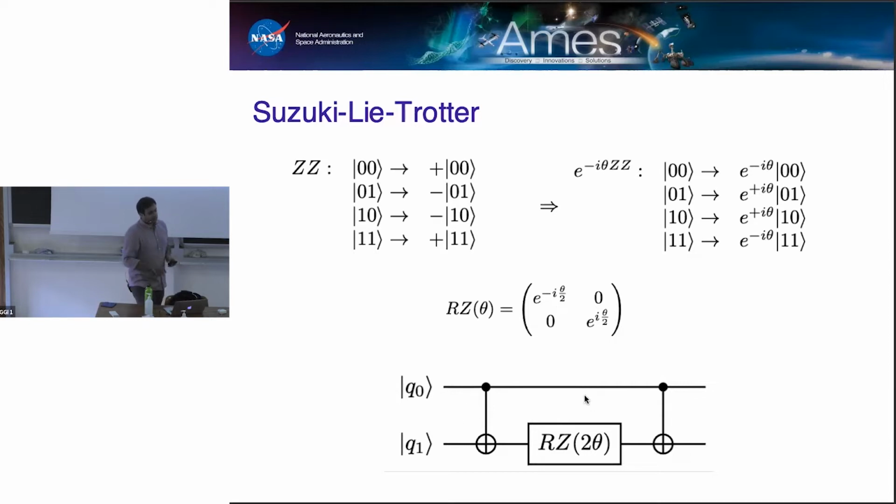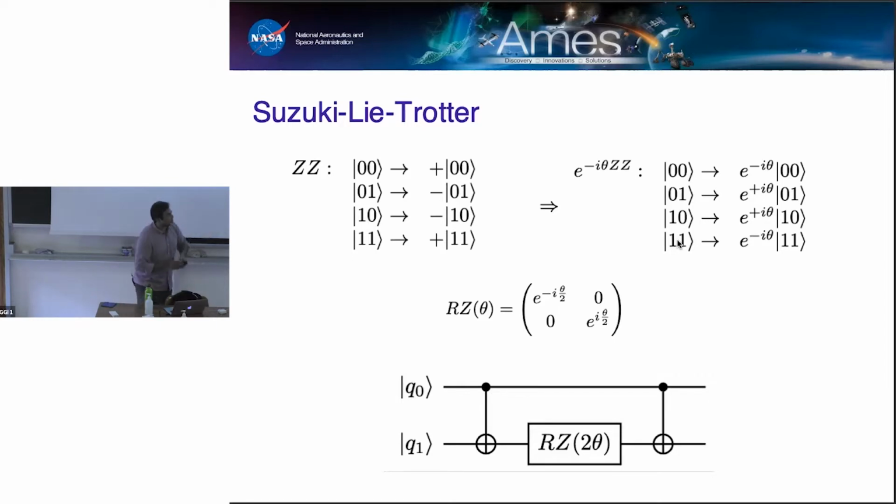Let's see why this works. Let's say that Q0 is the leftmost qubit and Q1 is the rightmost qubit. Now I do a C naught operation. What that means is that I completely leave these first two basis states unchanged, and in these last two basis states, I'm going to change 1, 0 to a 1, 1 and 1, 1 to a 1, 0.